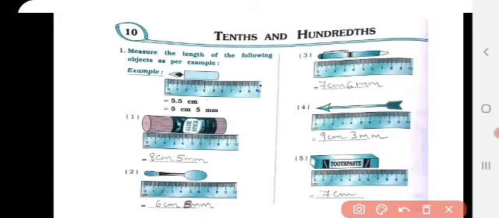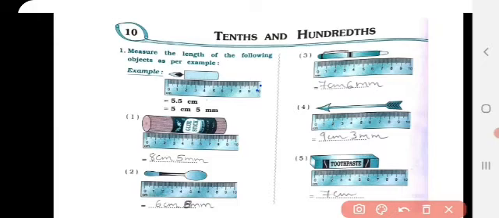Now I begin with question number 1. You can see a glue stick is given on the scale. You have to measure. It starts with 0 and it ends neither on 8 nor on 9. In between 8 and 9 it ends on 0.5. So what will be your answer?